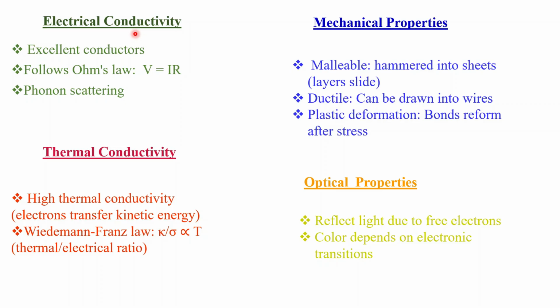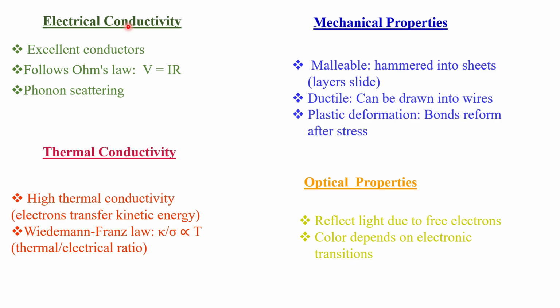Now, this slide summarizes why metals behave the way they do, and all of these properties originate from metallic bonding and delocalized electrons. First, electrical conductivity. Metals conduct electricity because a large number of electrons are free to move.